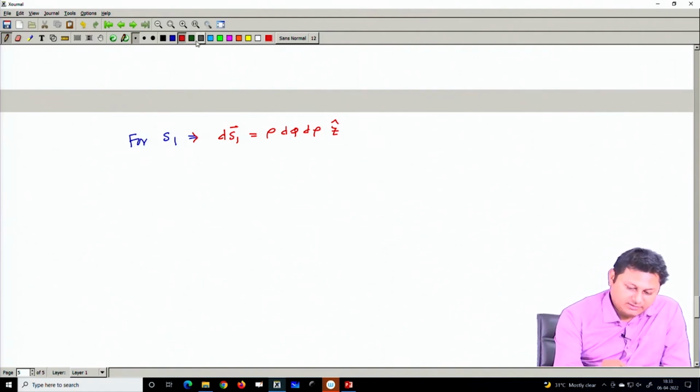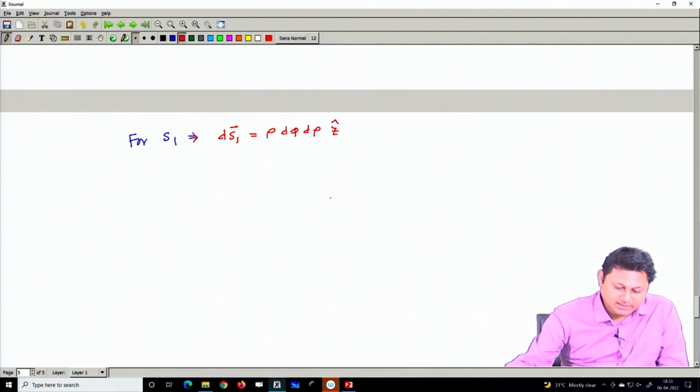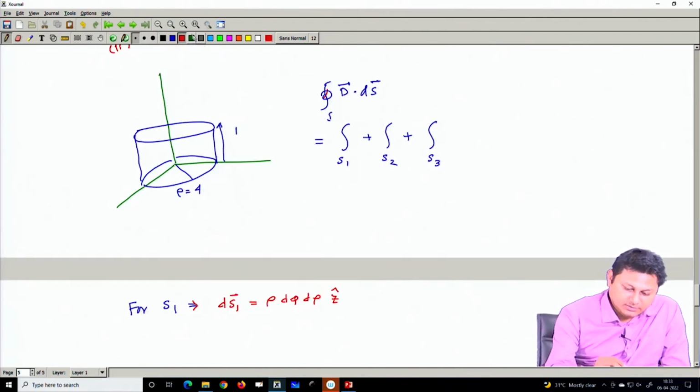For the lower surface, that is for S2, let me write it. My S1 is this one, my S2 is this one, and this is my S3, this entire surface.